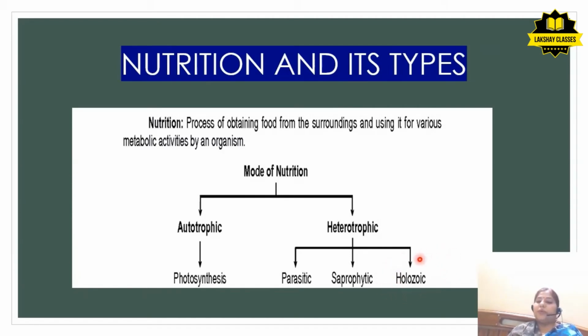In holozoic nutrition, what happens? The solid food is taken inside and then the digestive enzymes are released out and they digest the food. All right. So these are the main modes of nutrition and their further classification.